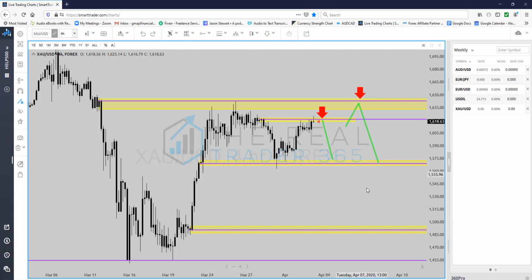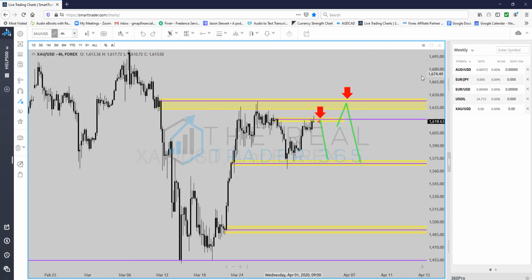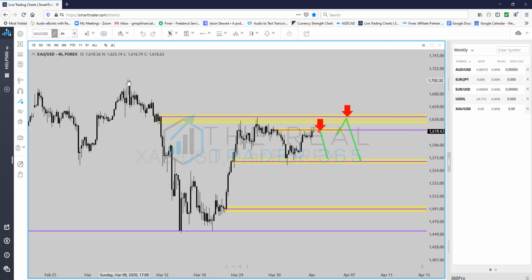If we break below this range, then we have a nice little fall down to the 1493 area. But let's see what the market does. Again, if we don't hold at these levels, we can have a higher push up to the highs of these levels here at almost 1700. Yeah, about 1700. All right, so that's what I'm looking at for gold this week.